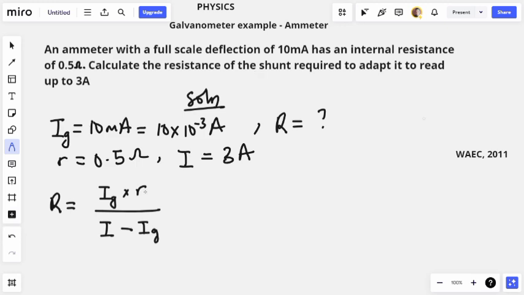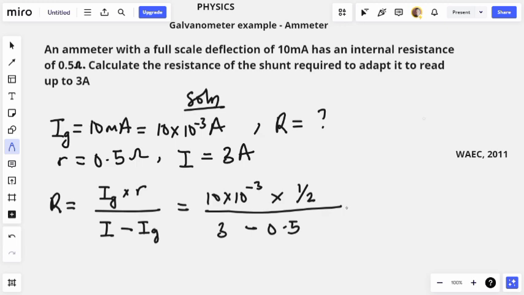So let's substitute. Our I subscript G is 10 times 10 raised to the power minus 3, times R, our R is 0.5, which is 1 over 2, divided by our I, which is 3, minus I subscript G. Sorry, that is a mistake there.